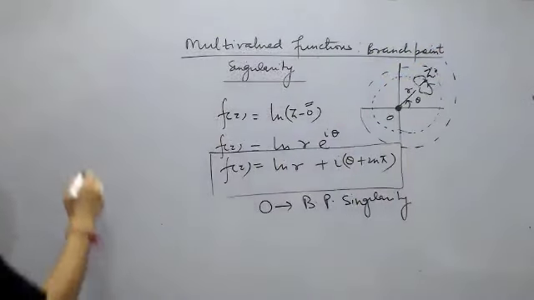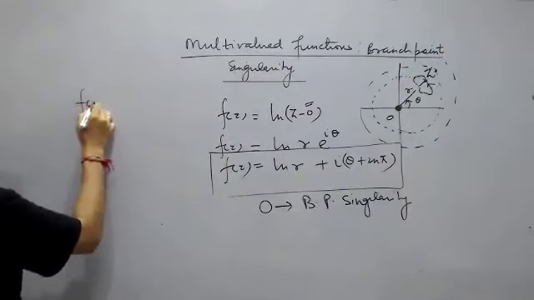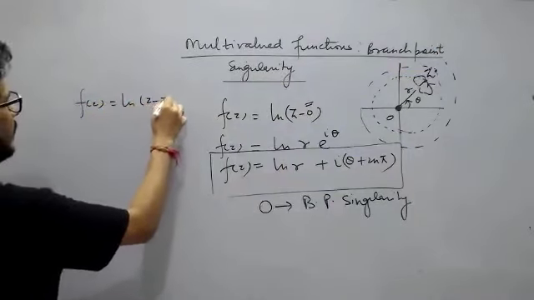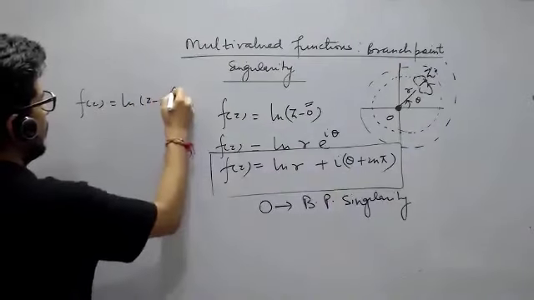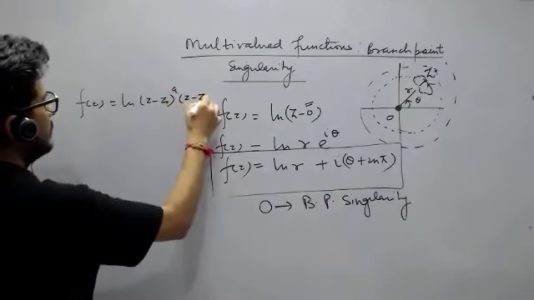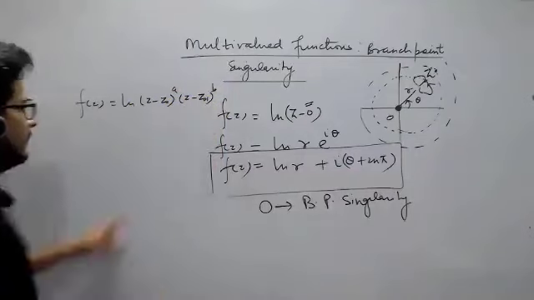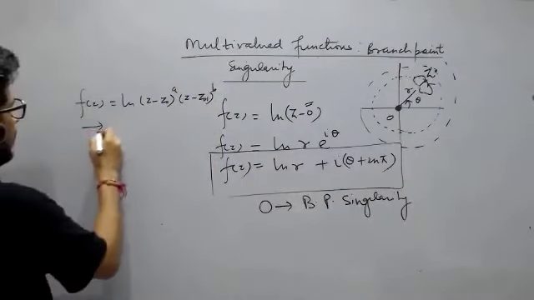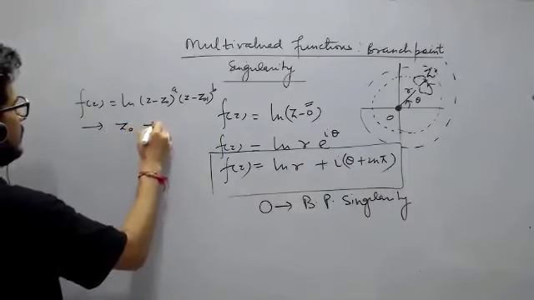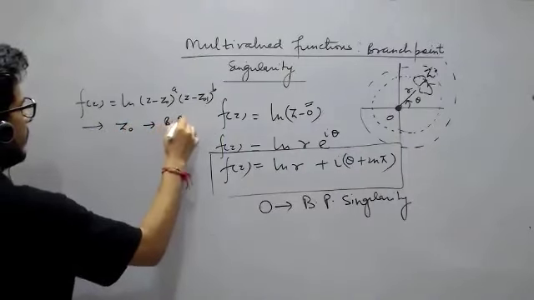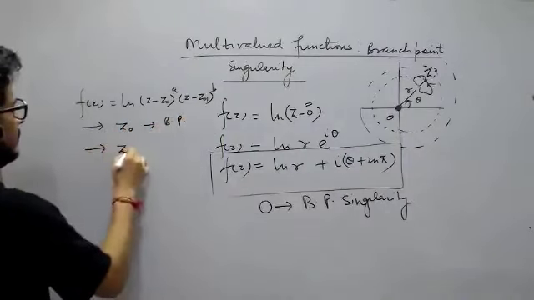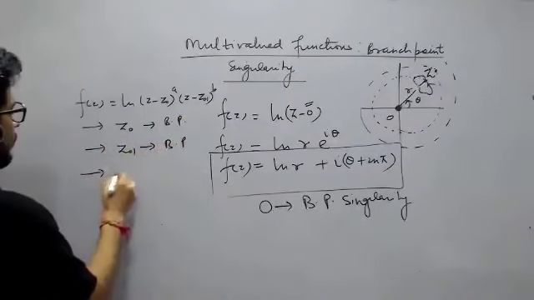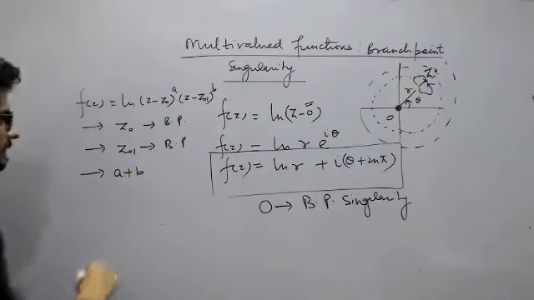So the rule is that, suppose you have a function log of z minus z naught to the power a and z minus z naught 1 to the power b. Suppose there are two different points. So we will say that z0 is a branch point, z01 is also a branch point, and we will see a plus b.